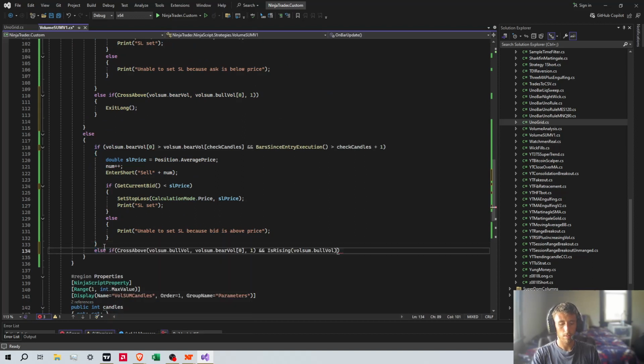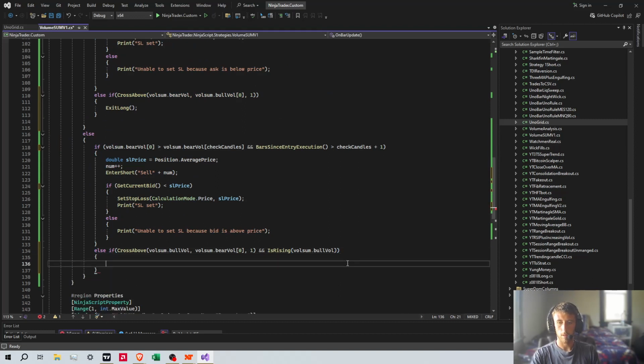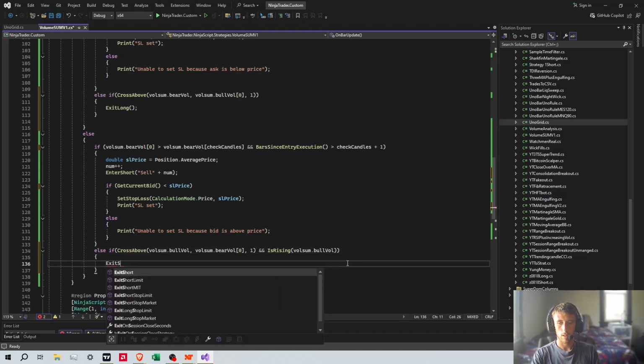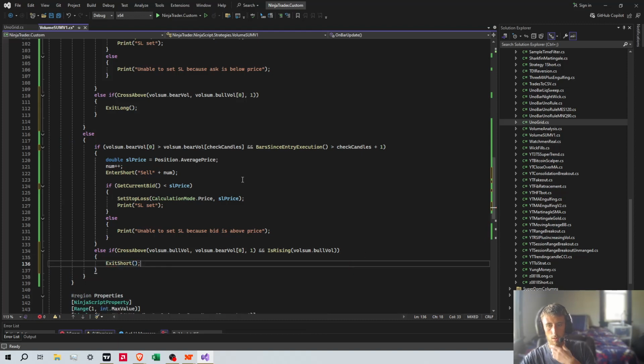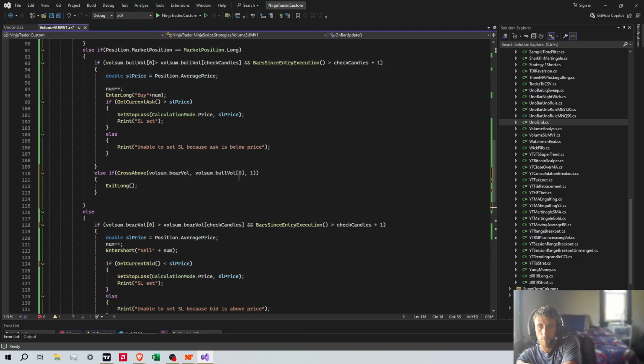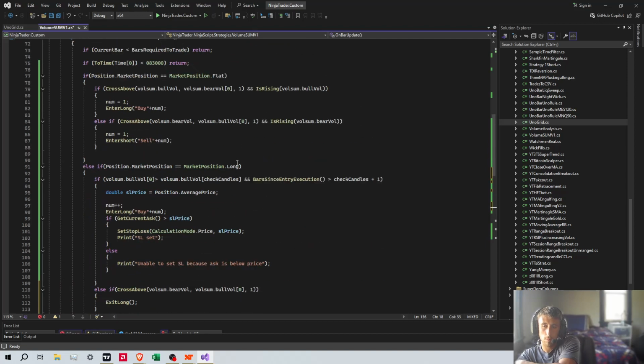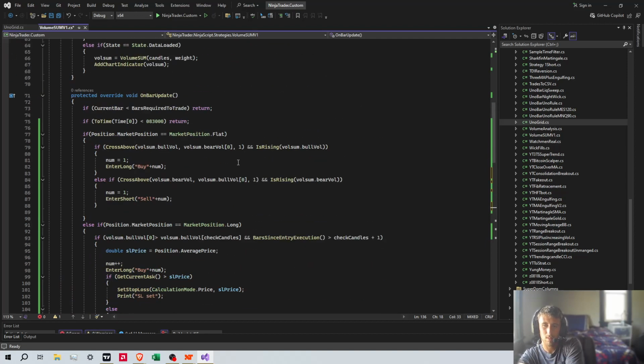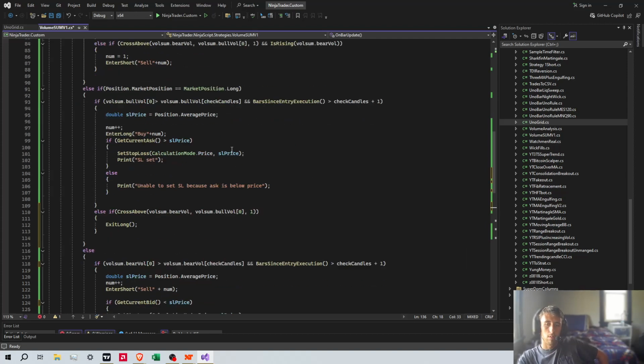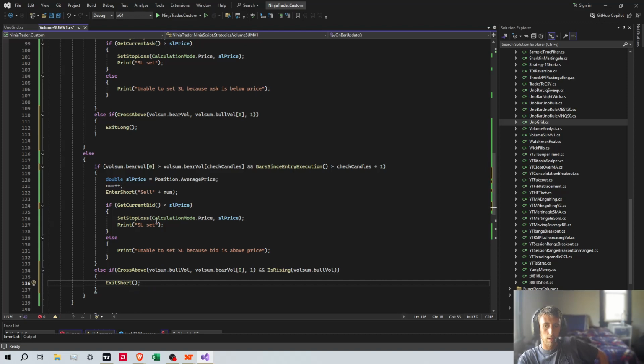Else if the bull volume crosses above the bear volume, then we exit short. We should actually be doing that first so we can reverse.